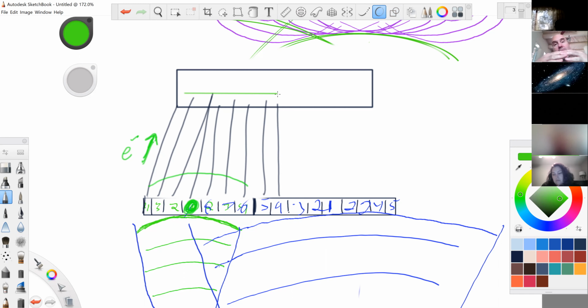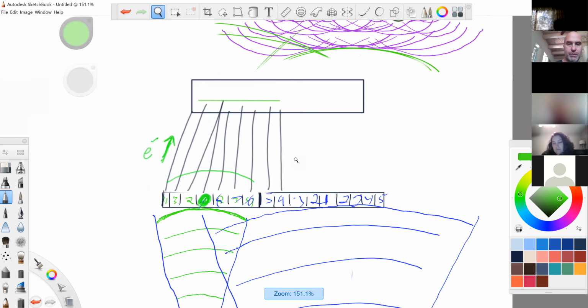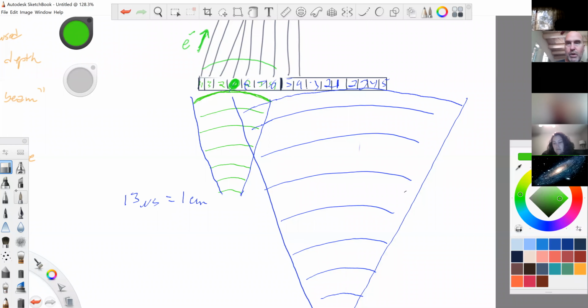Just because the echo coming back is curved doesn't mean that the thing that created the echo is curved. I could redraw this object.